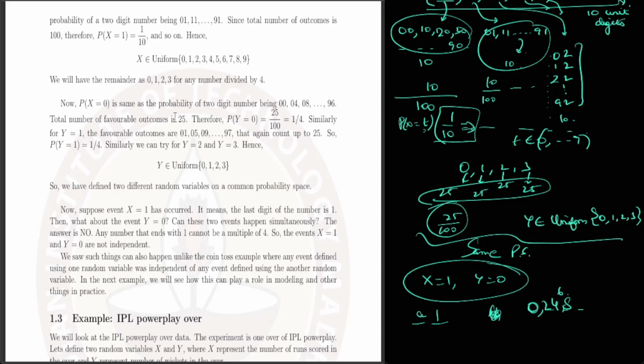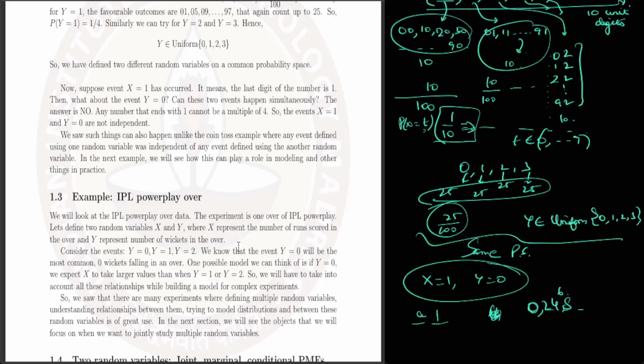So any number that ends with 1 cannot be a multiple of 4. So the events X1 and Y equal to 0 are not independent. Understood? They are not independent.